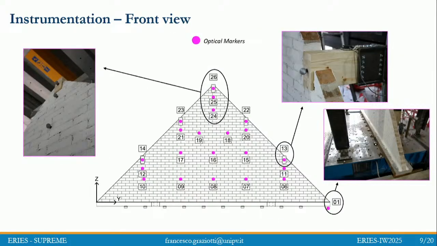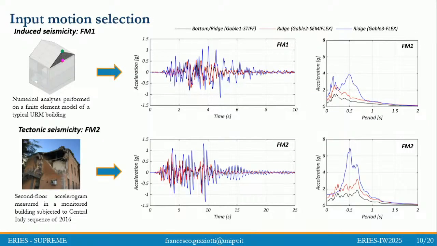We also used these optical markers, a 3D acquisition system that we can also use in dynamic tests, to have the position of these points, which are like table tennis balls, as a 3D time history, in order to recreate, for example, the deformed shape, or in general control all these points.